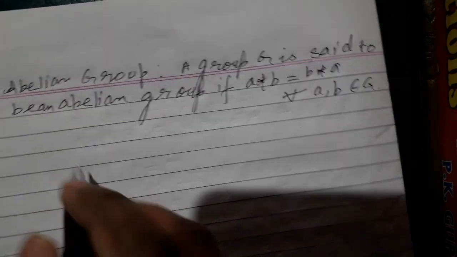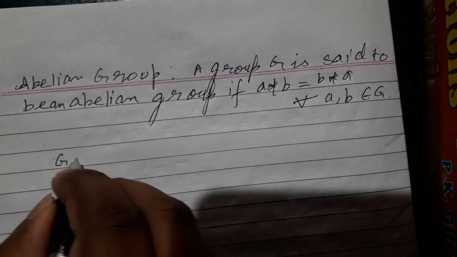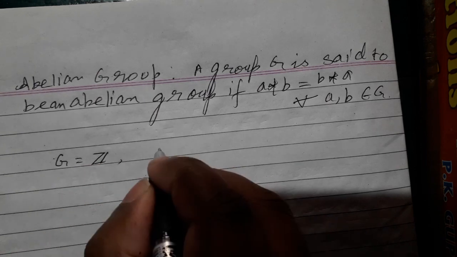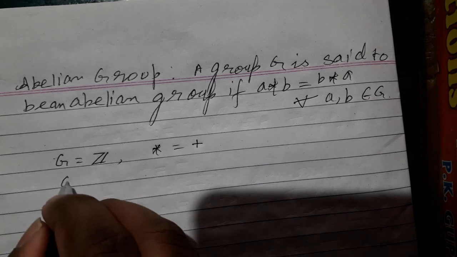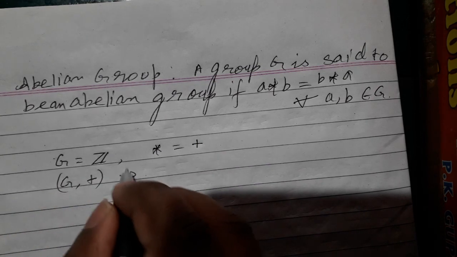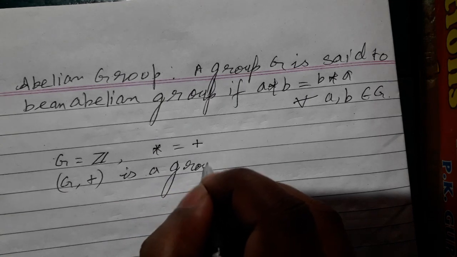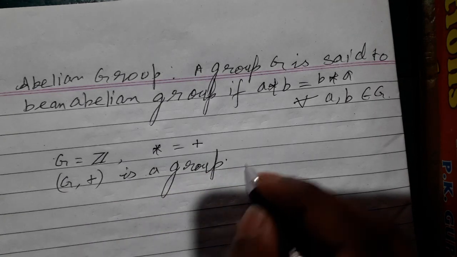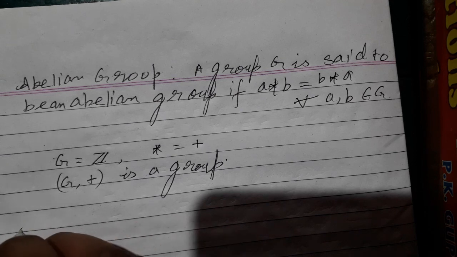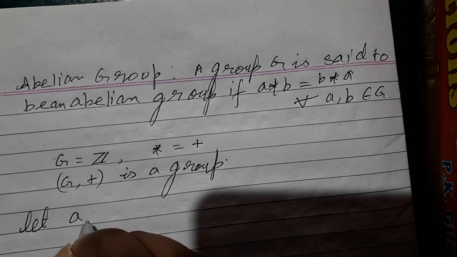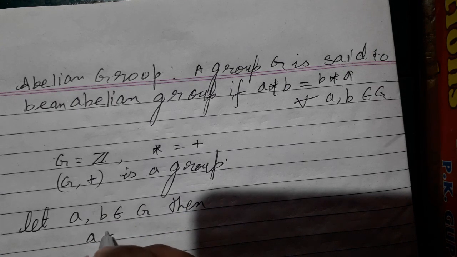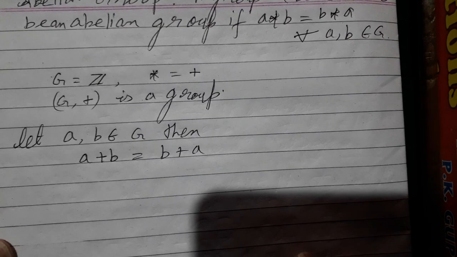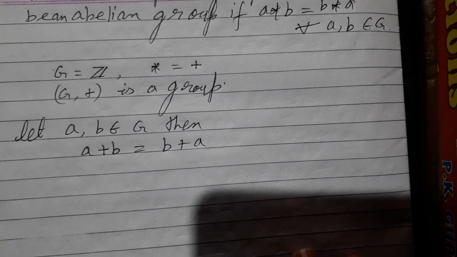Now in the example we have already checked, G equal to Z and the operation taken as plus, I have already shown that it is a group. Now let us check whether it is an abelian group or not. If I take two elements in G, then A + B is always equal to B + A, because addition of two integers is always commutative.